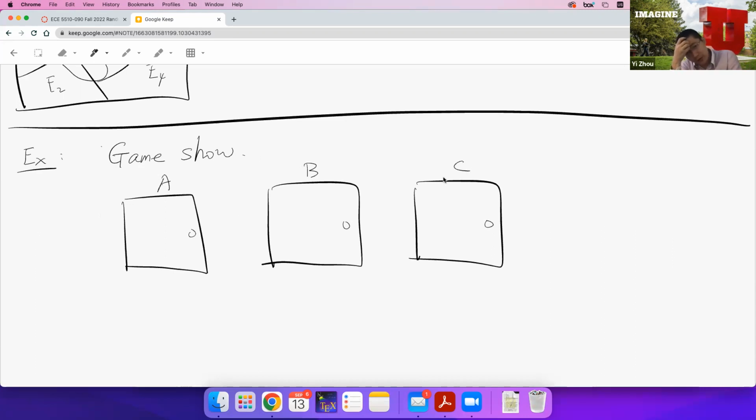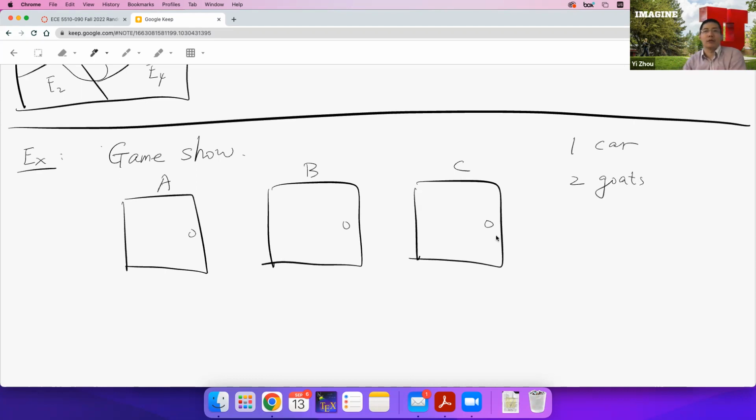Behind each door, there's a gift. So you are on a TV show, right? The host gives you the choice of 3 doors. You can choose one from them. Now, behind each door, there's a gift. The gift could be either a car or a goat. So there's only 1 car and 2 goats.